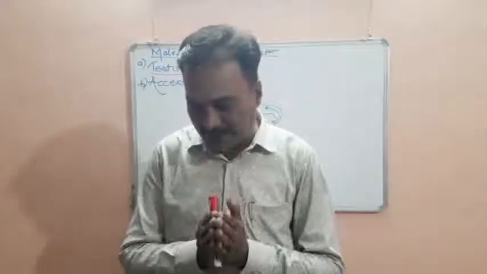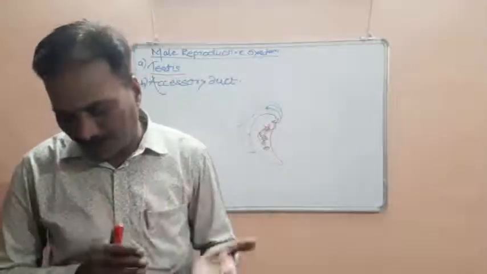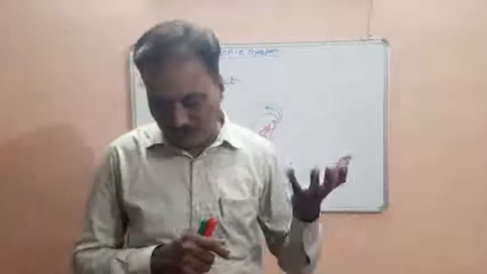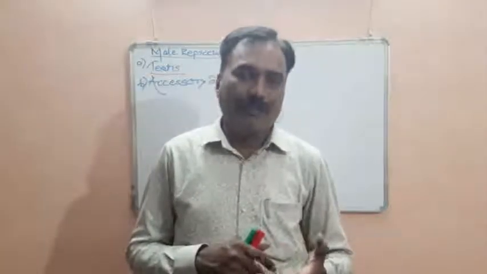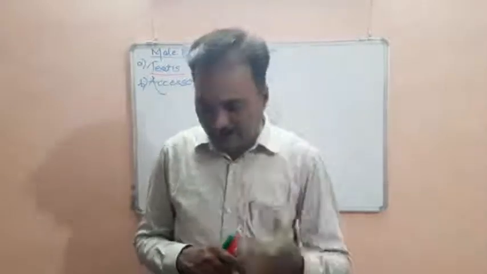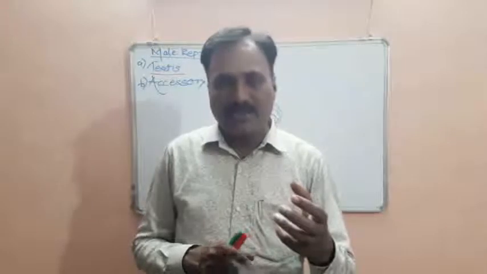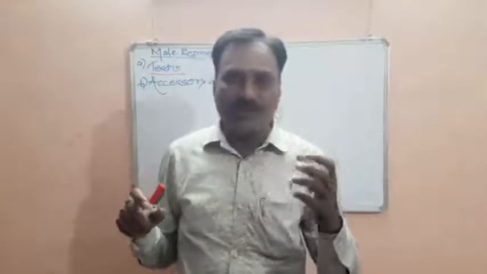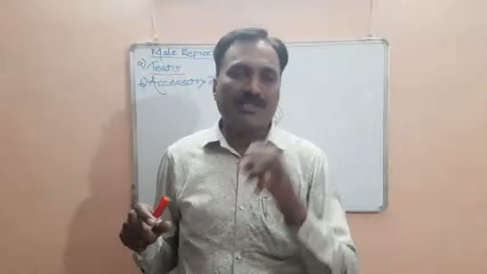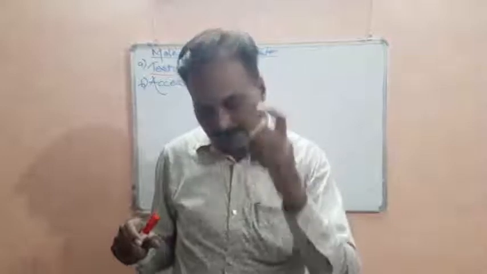So that urethra provides the common passage for transfer of the urine as well as semen. The urethra is the common passage to carry the urine as well as the gametes. So that is also called the urinogenital duct, because that duct carries urine as well as the gametes.